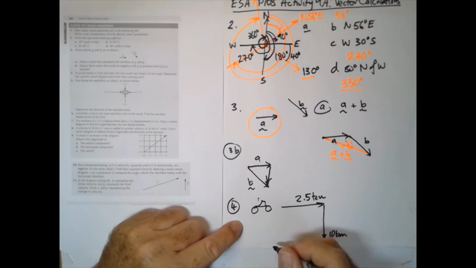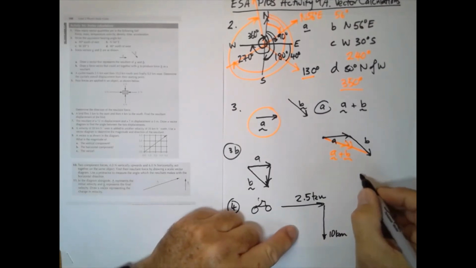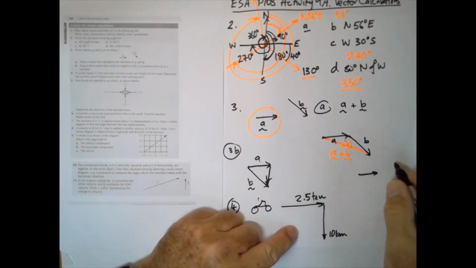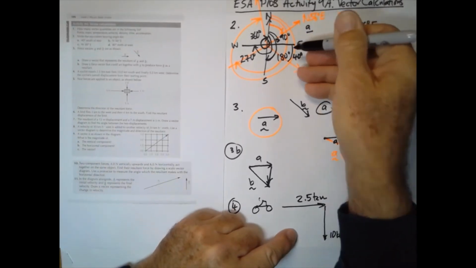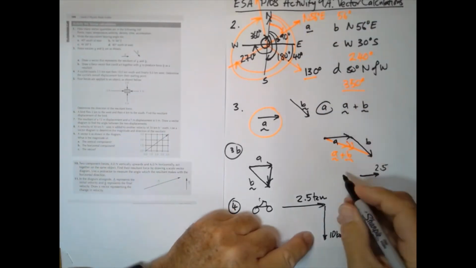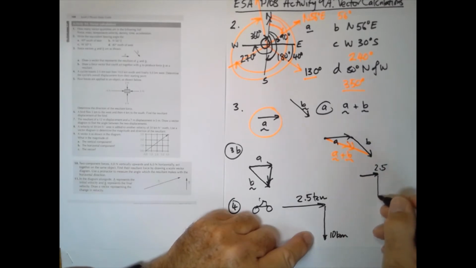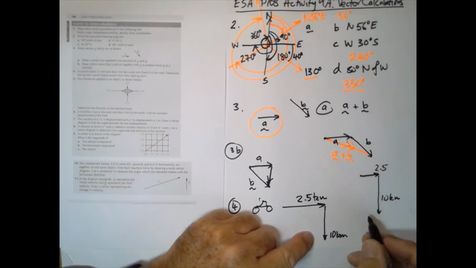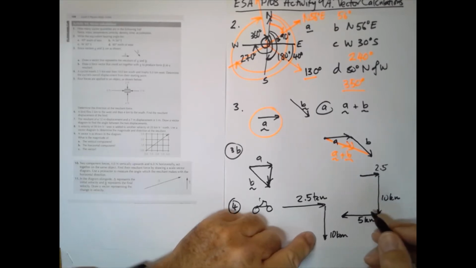Let's do it better to scale. 2.5 kilometers east, remember east is over here, 10 kilometers south, and finally 5 kilometers west. Determine the cyclist's overall displacement from the starting point.